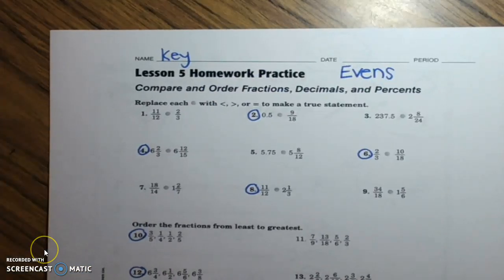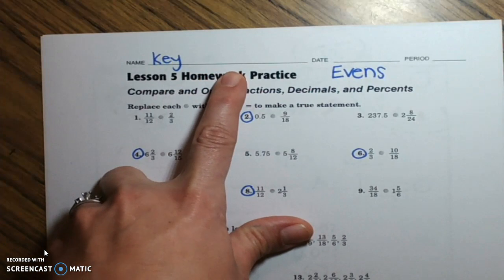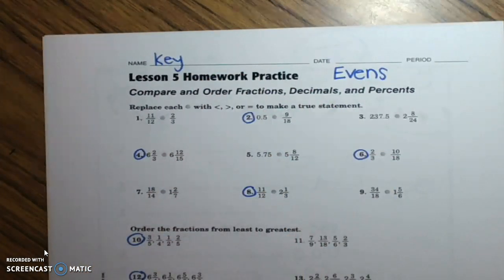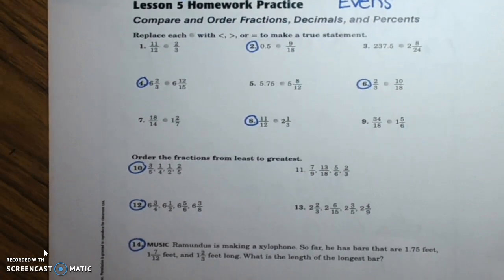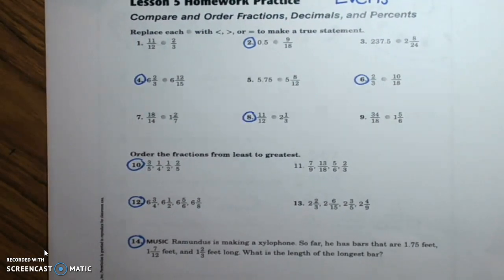Okay, make sure when you get your worksheet that you write your name and number at the top. We are only doing even, so that's 2, 4, 6, 8, 10, 12, and 14. Again, if the sub would like you to work together, you can if you do that quietly. However, if the sub says no, then you're working independently and quietly.